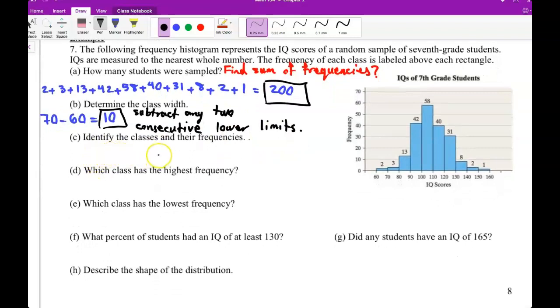Next part, identify the classes and their frequencies. Okay, let's draw that here.